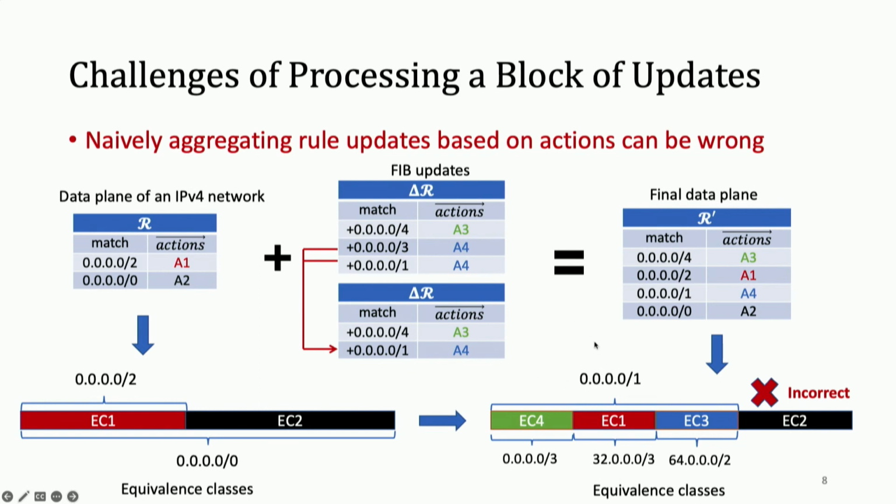This is because when we do this merging, we actually ignore the higher preference rules here in A1. Because /2 has a higher preference than the /1 rule, and when we do this merging, it gets ignored. So that's why it leads to an inaccurate number of equivalence classes here.